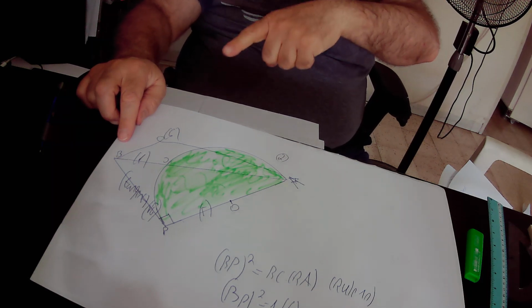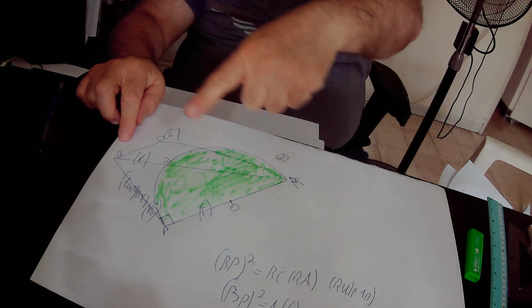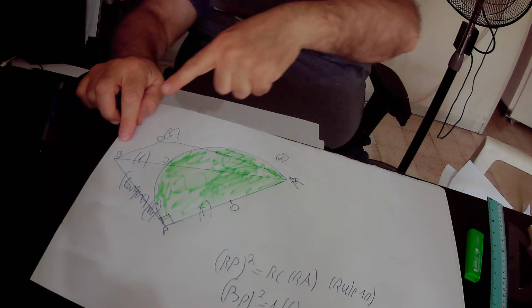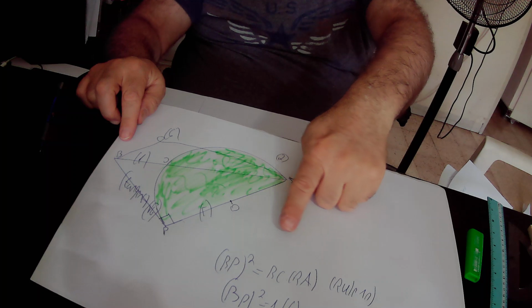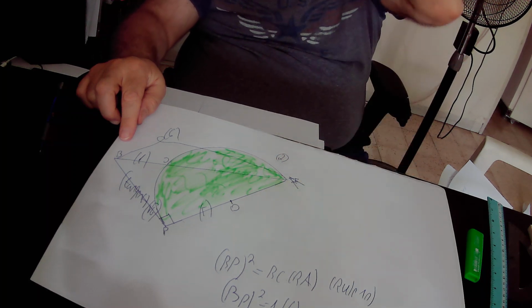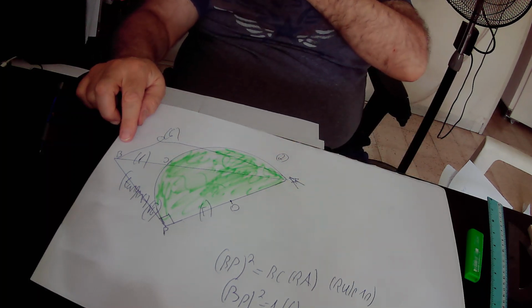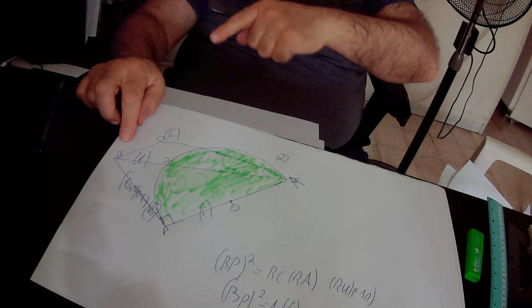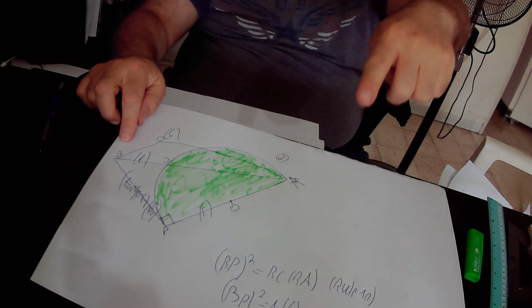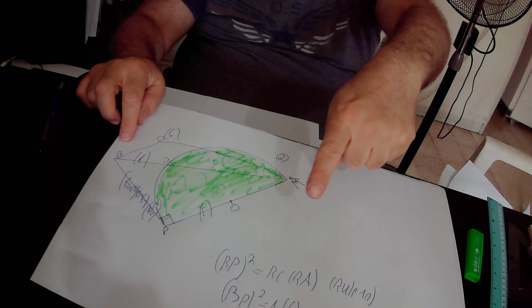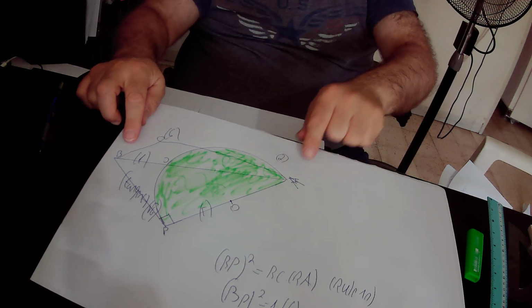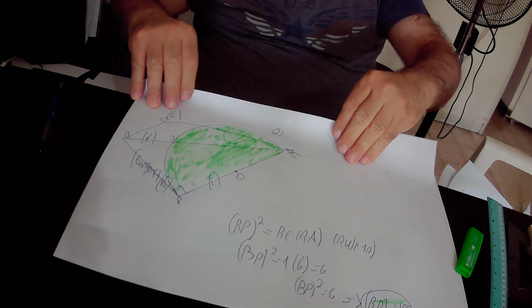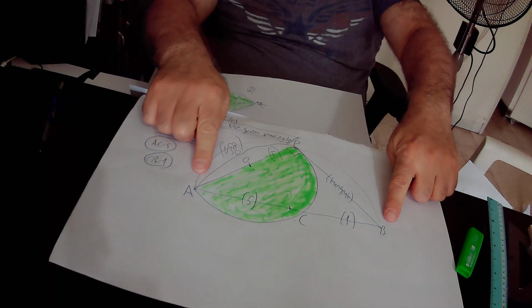According to Rule 10, BP square equals BC times BA. The tangent BP is the missing side, so we leave it as it is. So BP square equals BC, which is 1, times AB. AB in total equals 1 plus 5, that is 6.